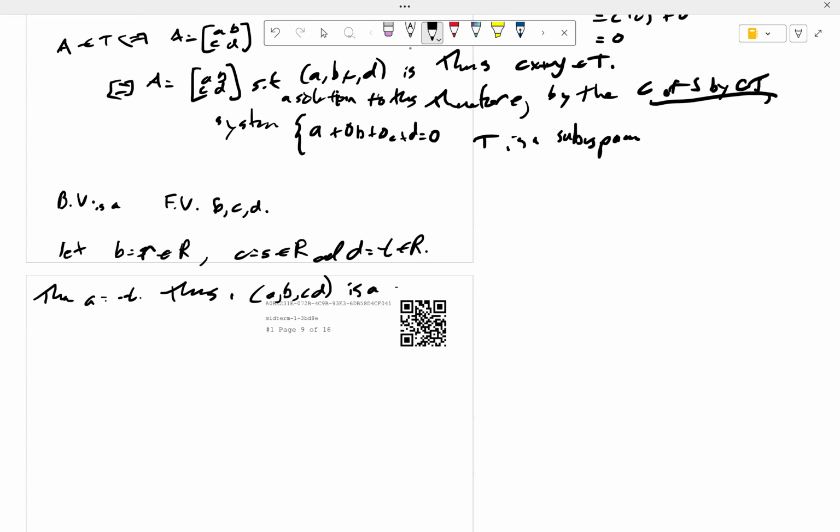Thus, if A, B, C, D is a solution, then A, B, C, D equals minus T, R, S, T.